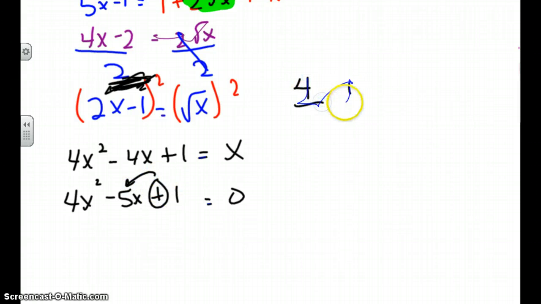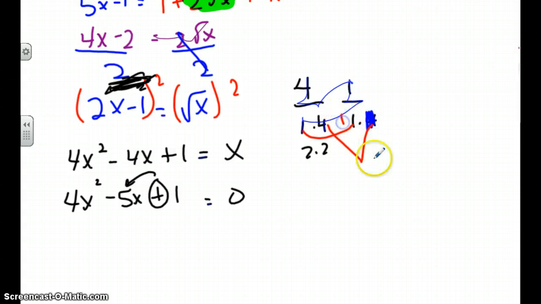So factors of 4 and 1 are, let's look. So your factors are going to be, let's see, 1 times 1 is 1, and 1 times 4 is 4, and I think 1 and 4 adds up to the middle term 5. So I think I'm going to use this 1 and 4 as my first terms.